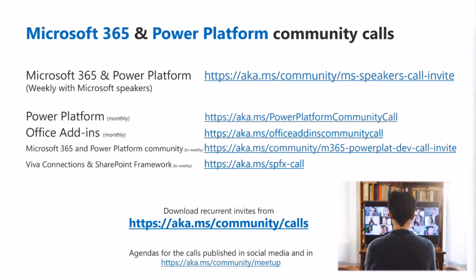I think the Power Platform call is the third Wednesday every month, and the Office add-ins call is the second Wednesday. And then we have our 7 a.m. Thursday series, which is either the Microsoft 365 and Power Platform community call with community demos, or the Viva Connections and SharePoint Framework community call. All of the recurrent invites for the calls can be downloaded from the AKMS community calls URL.